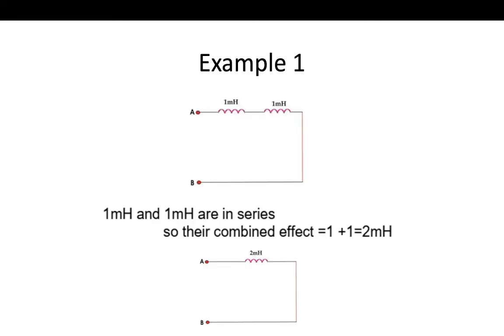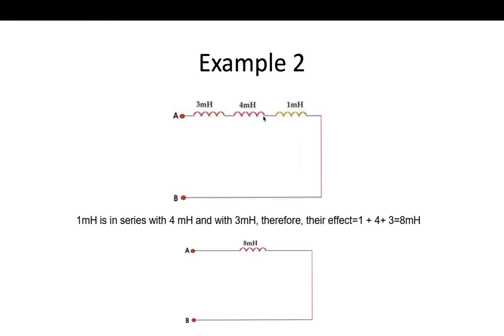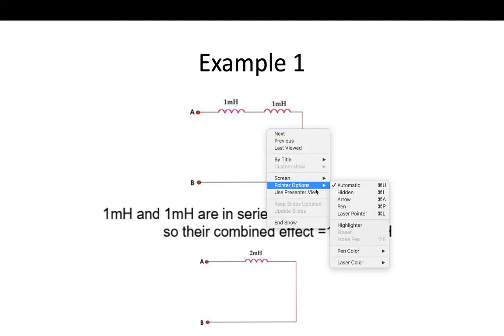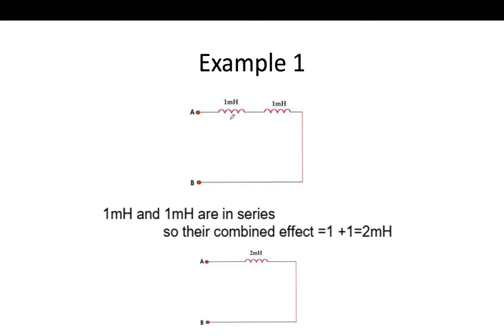We take the first example. Here we have two inductors, and we have to find the total effect of these inductors. The values of the inductors are 1 and 1, both in H, meaning Henry, as it is always measured in Henry.